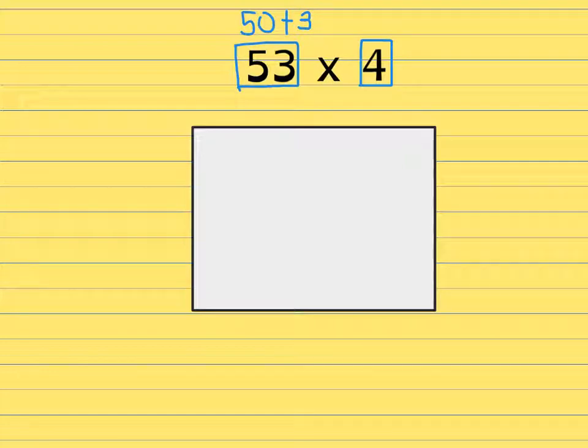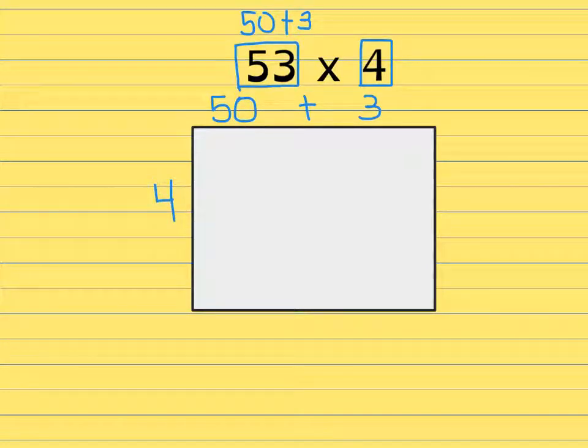If you feel confident enough to place your 50 plus 3 and your 4 in your rectangle, pause the video and do it now. Now that you've placed your 50 plus 3 times 4 on your rectangle, I'm going to place mine as well. 50 plus 3 and 4.